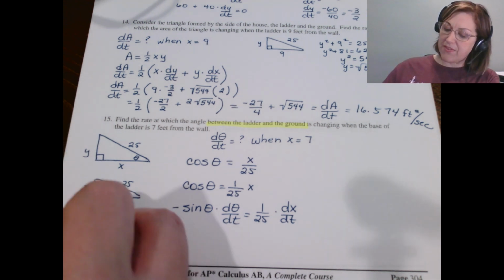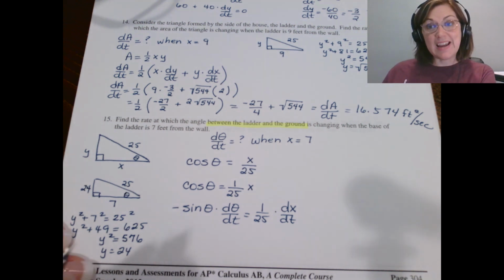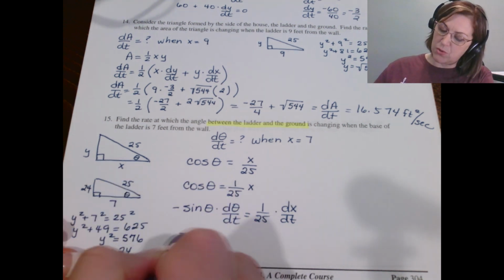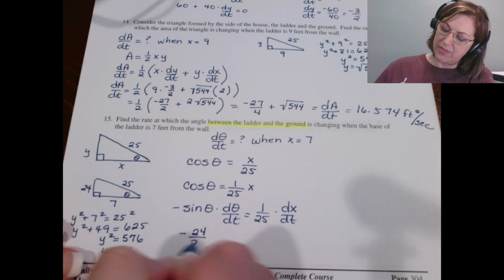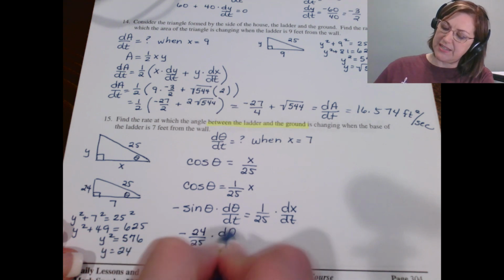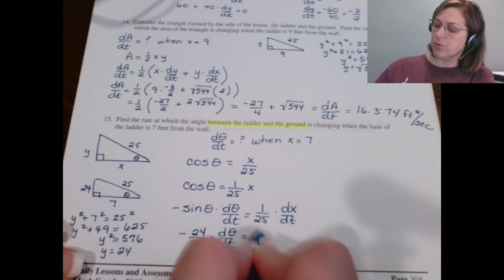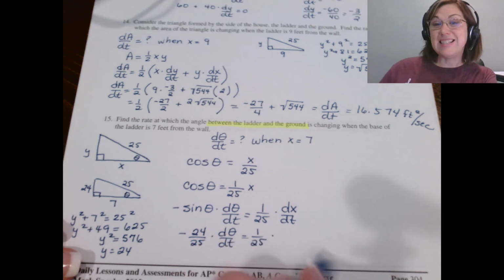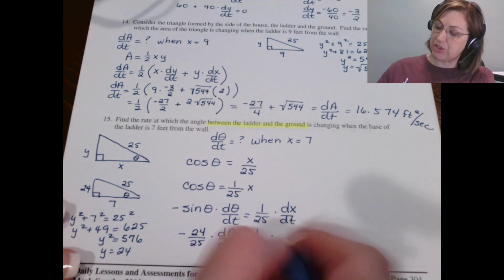So negative sine of theta would be negative 24 over 25 times d theta dt equals 1 over 25 times dx dt. Remember, we were told that was 2.